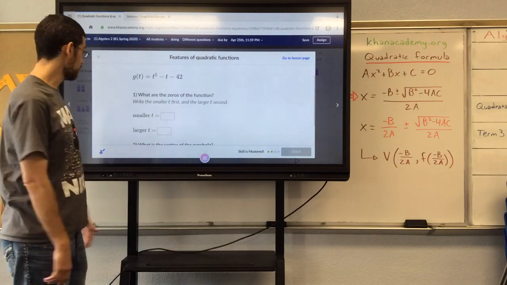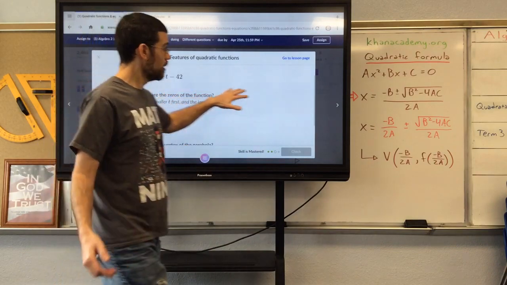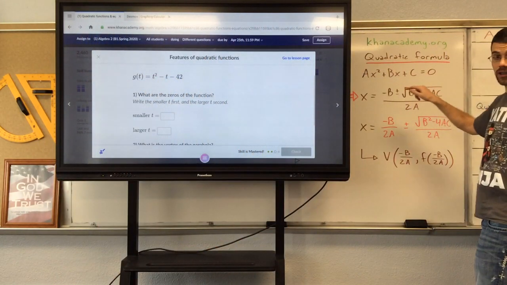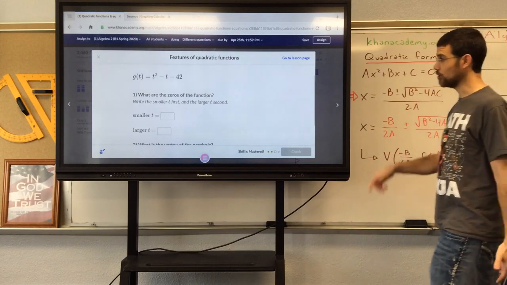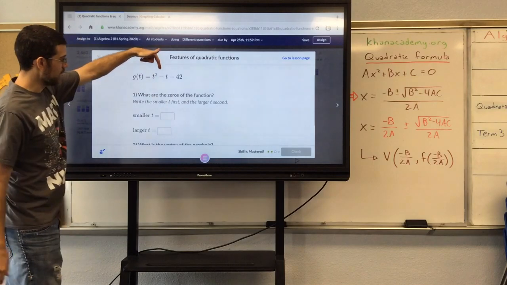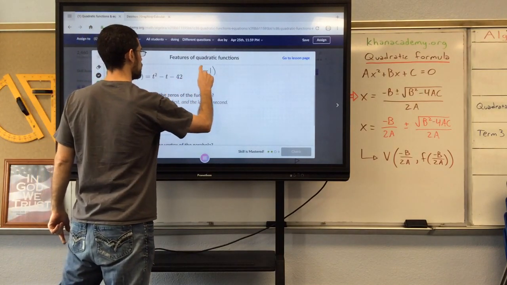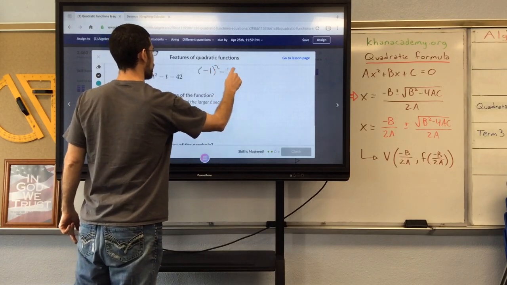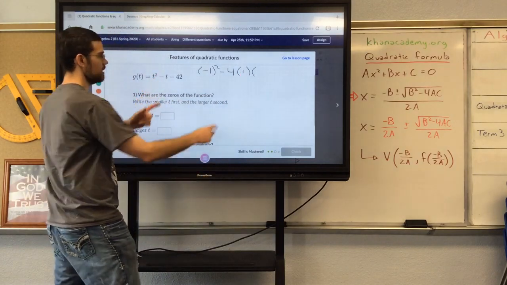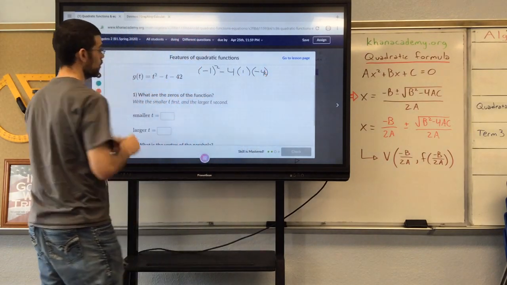But if we wanted to know that for ourselves, we could recall that if the discriminant of the quadratic formula is positive, there will be 2 zeros. In that case, b squared, b is negative 1, so negative 1 squared minus 4 times a, which is 1, times c, which is negative 42, would have to be positive.